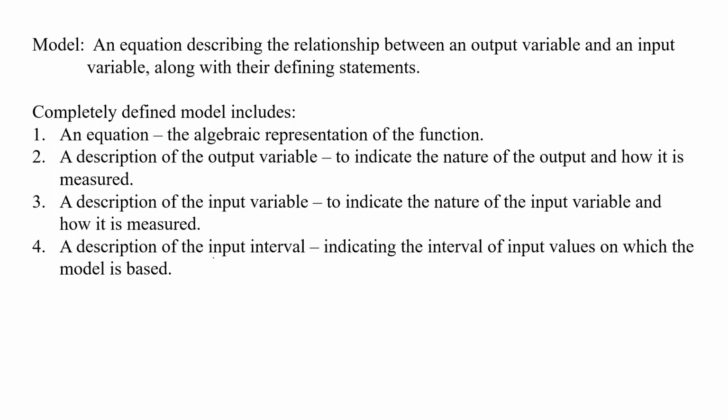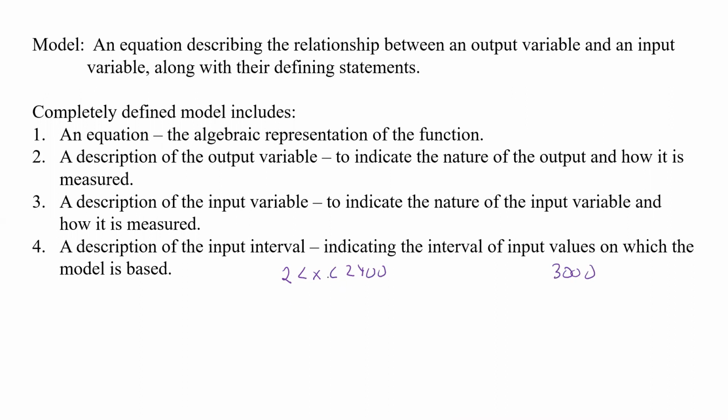And then we need a description of the input interval, okay? So indicating the interval of input values on which the model is based. So maybe your model is based on 2 less than x less than 2400, so you have a long range. But what if you say, oh, I want to look at something at 3000? Is that actually in that interval?